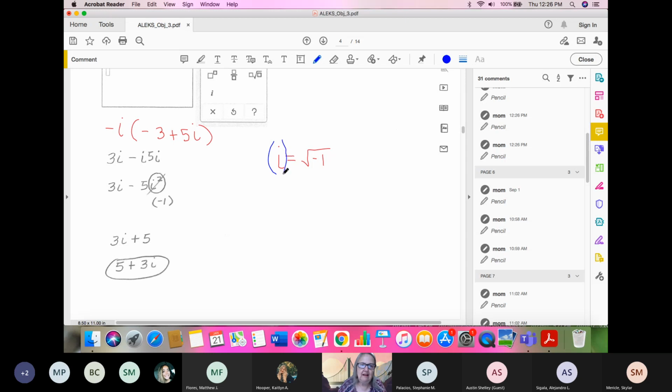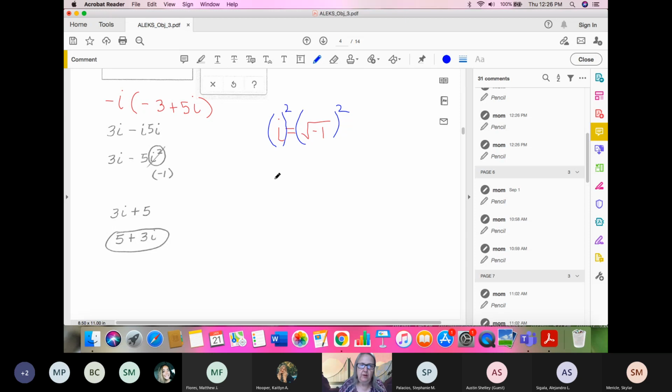So I'm going to square both sides. What do we get? On this side, we get i squared. On this side, when you take a square root and square it, they're opposite of each other, so we get just what's inside this square root, which is -1.